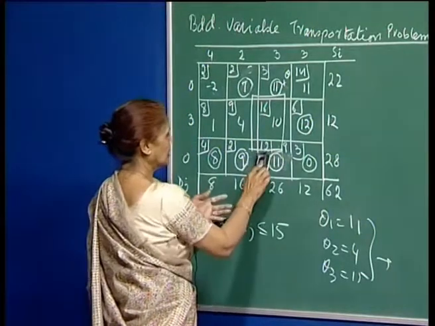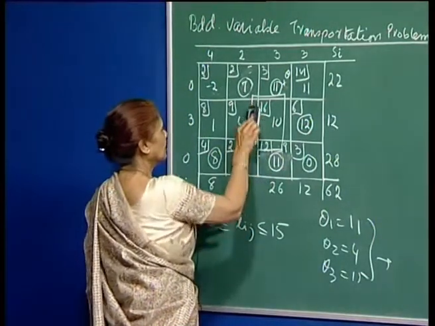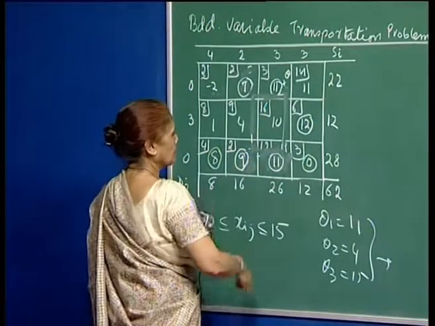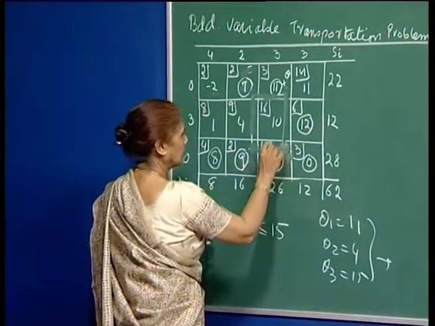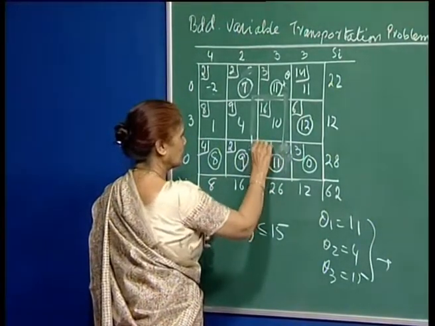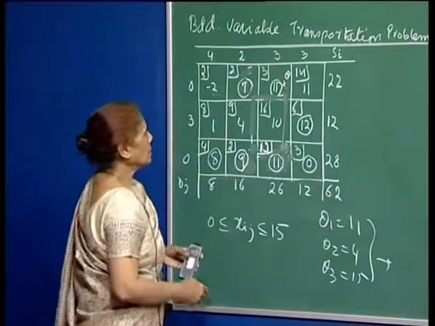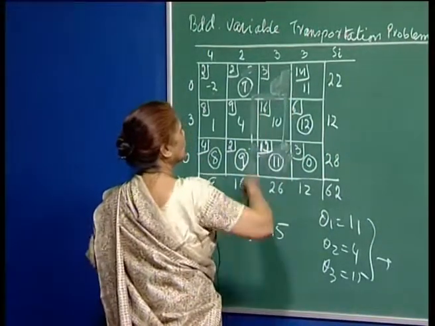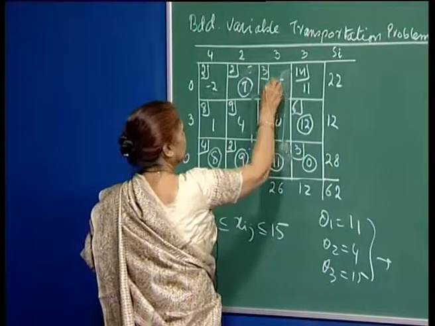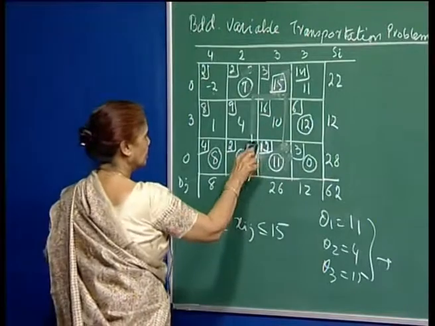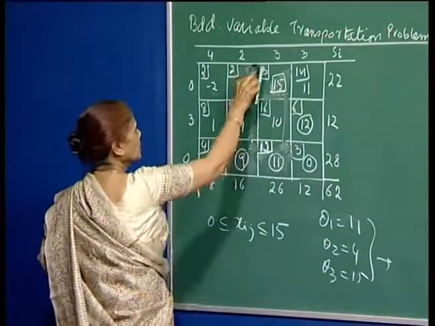Okay, and let me get rid of this loop here. Okay, these values also go away. So this is 12. Okay, and this one becomes now a non-basic at its upper bound. So this is your new basic feasible solution.